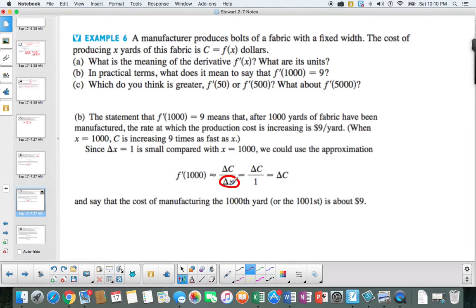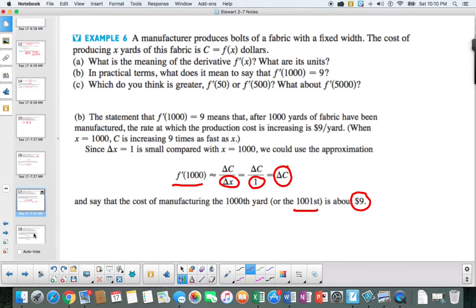And if you let this small denominator be 1, 1's pretty small when you're thinking about going to 1,000, you are going to get that this rate of change is approximately equal to delta C. So, which tells you that the next yard is going to cost $9. So that's what that means. The next yard, the 1,001st yard, will be $9.